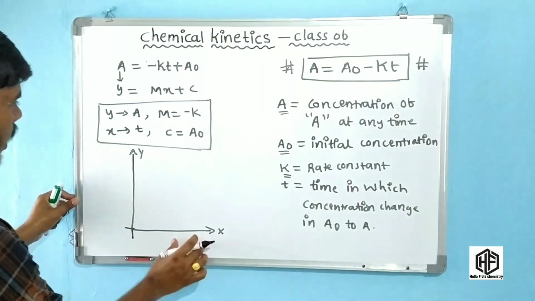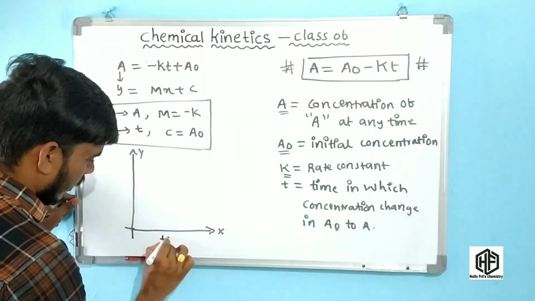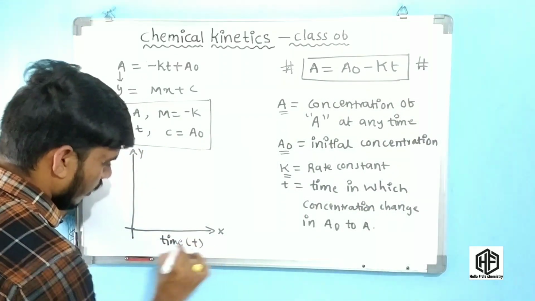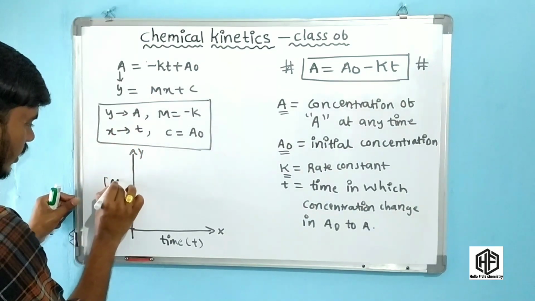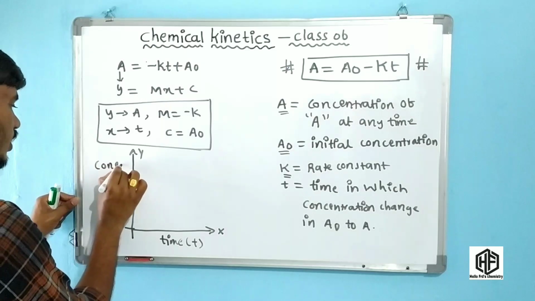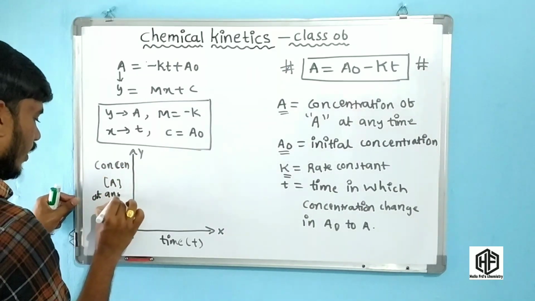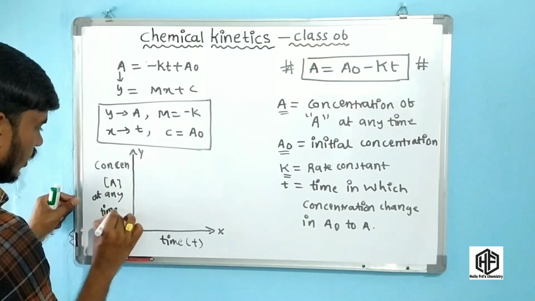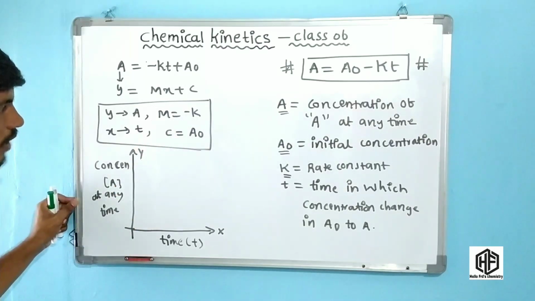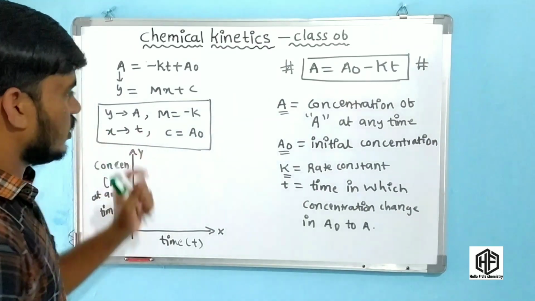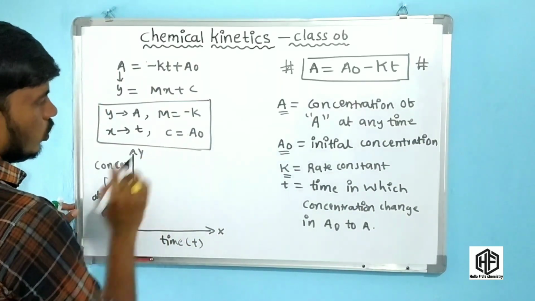On the x-axis I represent time t, and on the y-axis the concentration at any time. The slope of this reaction is m equals minus k, and the y-intercept c is A naught.